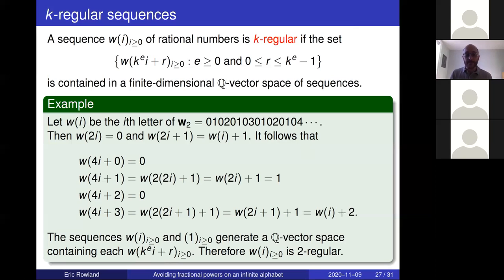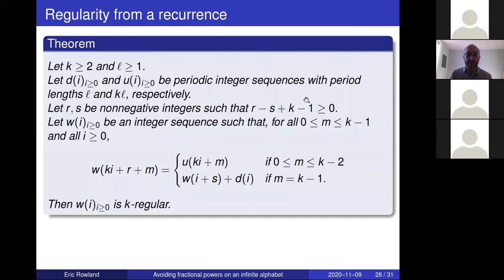So it turns out that many of these sequences, all of them we've been able to understand the structure of, are all k-regular for some k. This was to prove that the 5/4 power free word is k-regular for some k. So here the k will be 6. You can do it from the recurrence using this theorem.